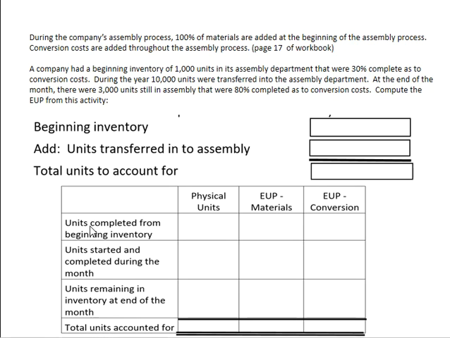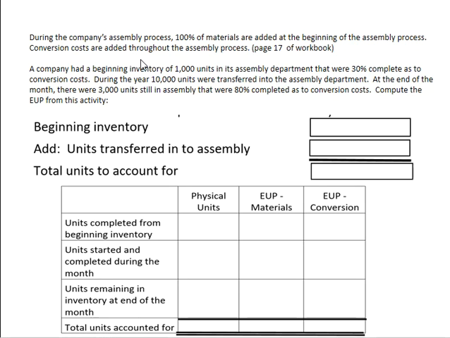So in this case, we see pretty much the same information as those previous pages. The difference we have now is that we've taken these two components that are costed differently, and we break them down as to equivalent units of production for materials and equivalent units of production for conversion cost. So let's go through this particular problem.